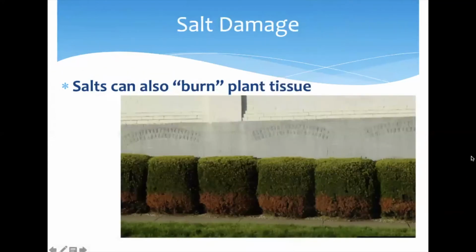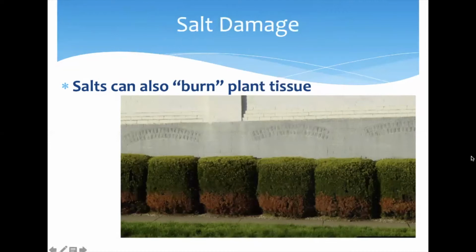Salts can also burn plant tissue. We talked about how when salts are within a soil, any water that goes to it, it will absorb it. On plants, it will cause burn completely. It's absorbing all of the moisture here and burning the plant tissue. So here, I'm sure there was a case of de-icing salts that were put on the sidewalk.